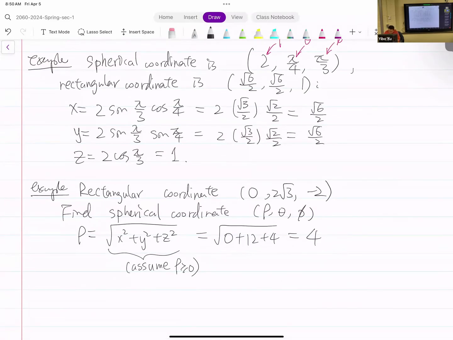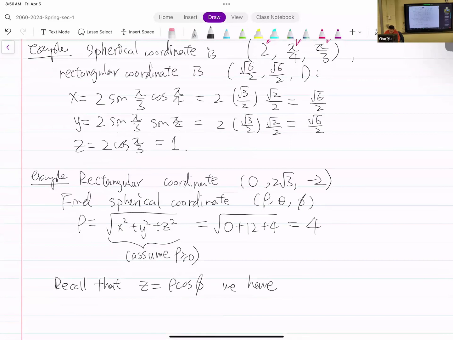And then we just need to realize that z is rho cosine phi. Recall that z equals rho cosine phi. So we have basically z is -2, right? And then rho is 4.